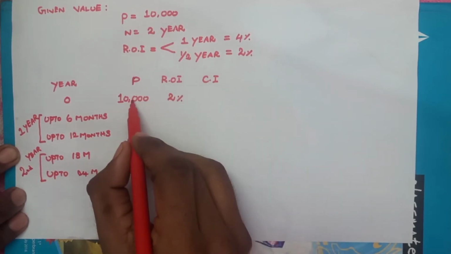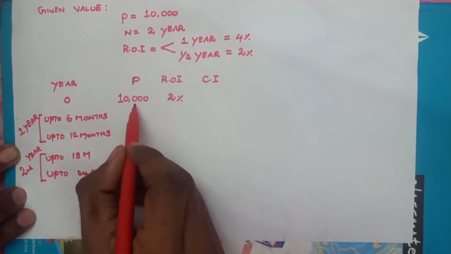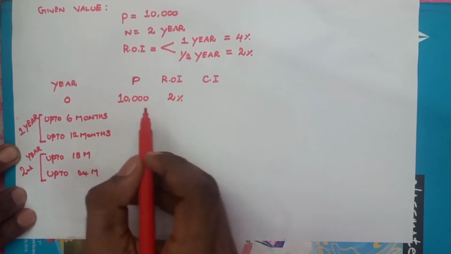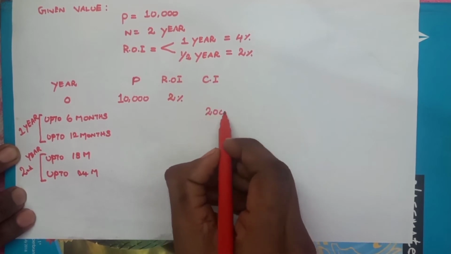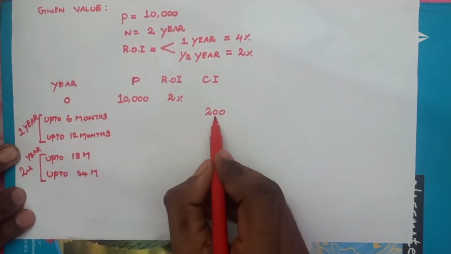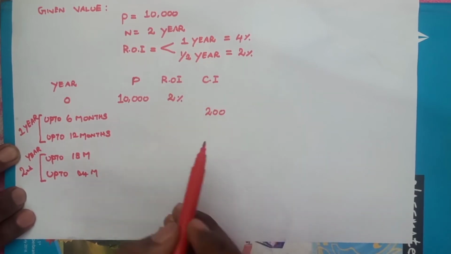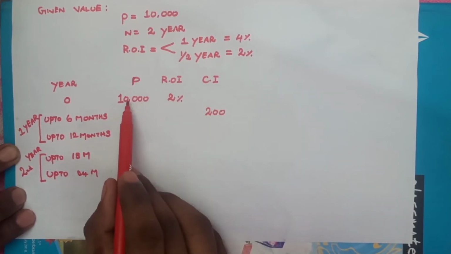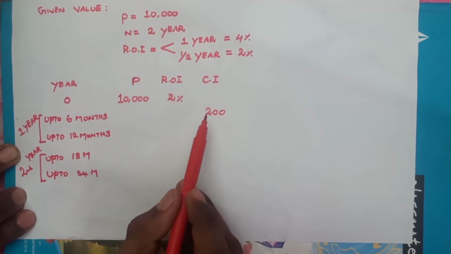So 2% of 10,000 is what? 10% is 1,000 and 1% is 100, then 2% is 200, right? At the end of 6 months, that is half yearly, you will get 200 rupees. And again, you will just adding these 10,000 and 200 because it's a compound interest scheme.